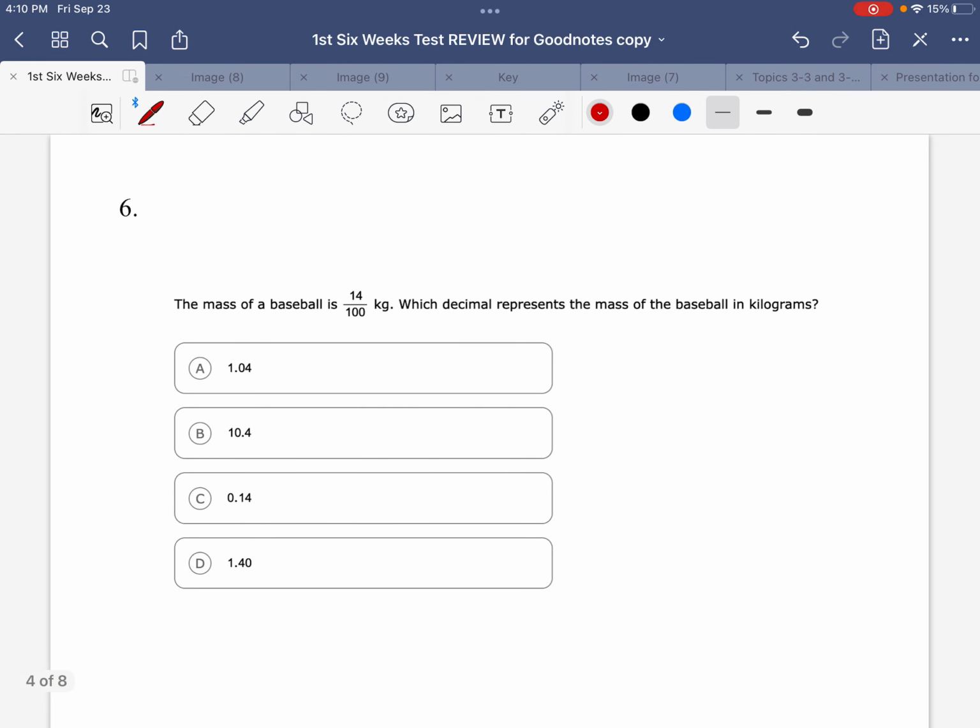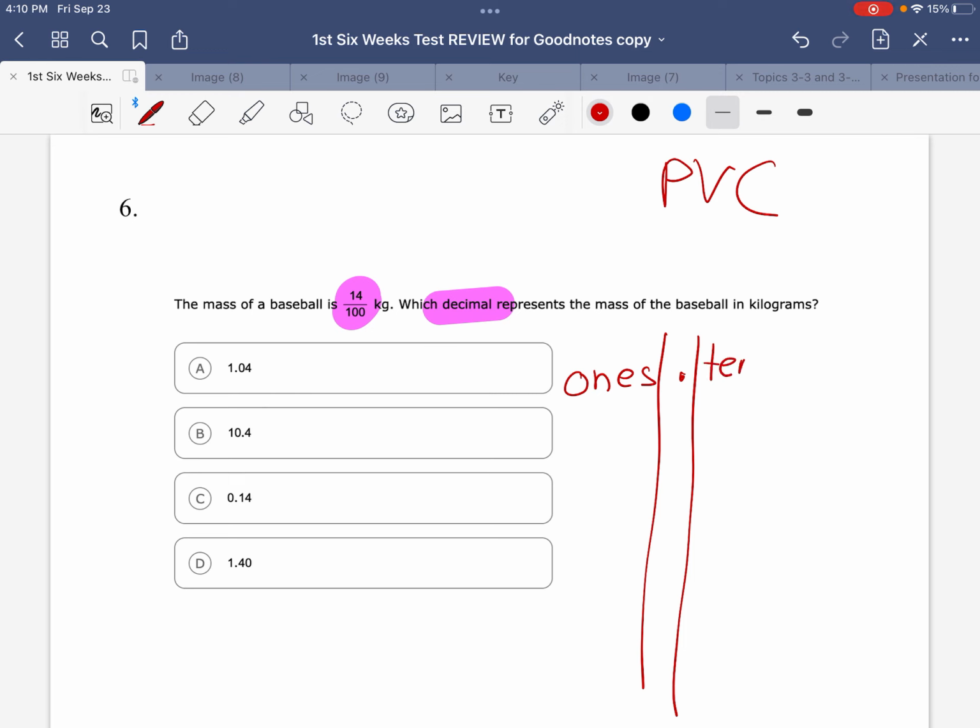Okay, so number 6 says the mass of a baseball is 14 over 100. Which decimal represents the mass of the baseball? So they're giving us a fraction. They want a decimal. Again, I'm going to make my PVC chart. I have my ones, decimal, tenths, and I have my hundredths.